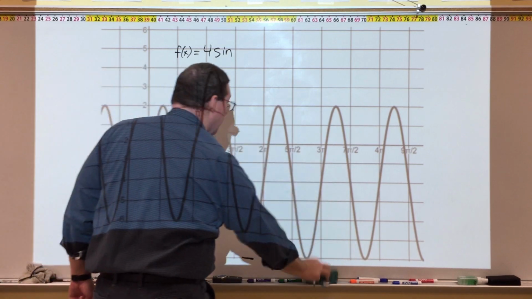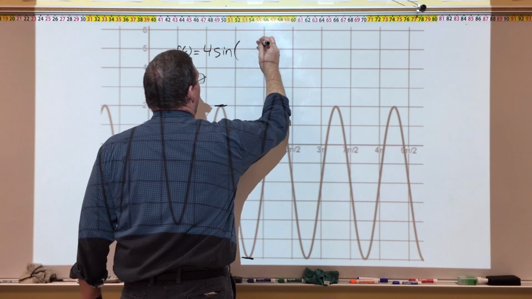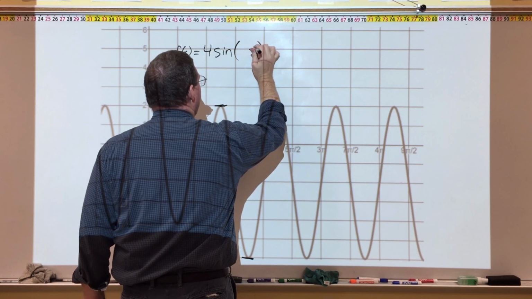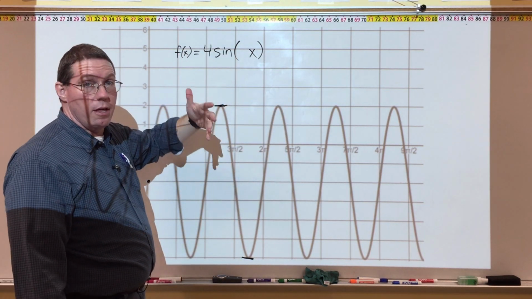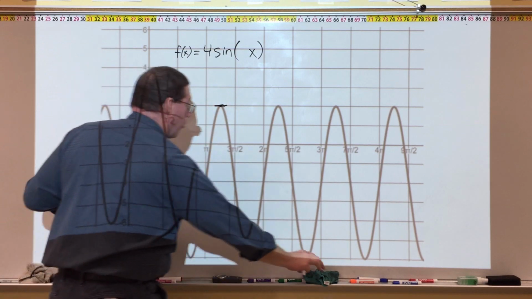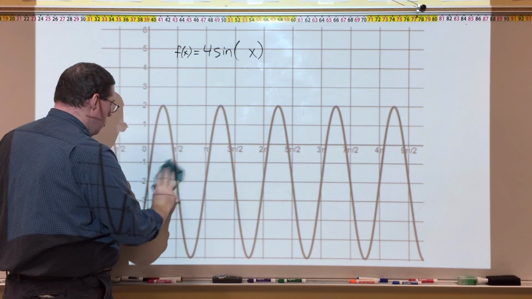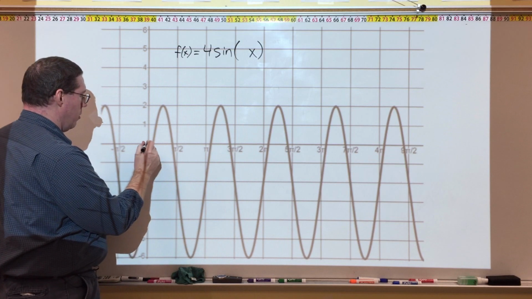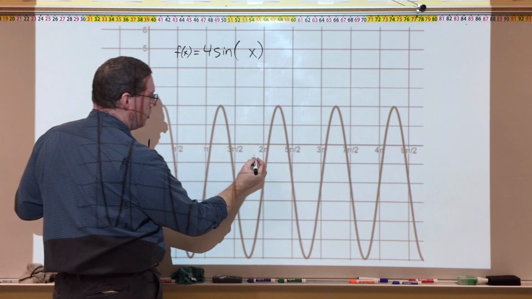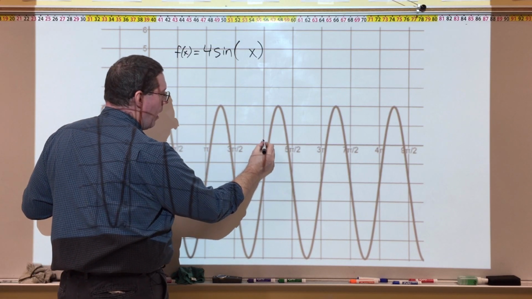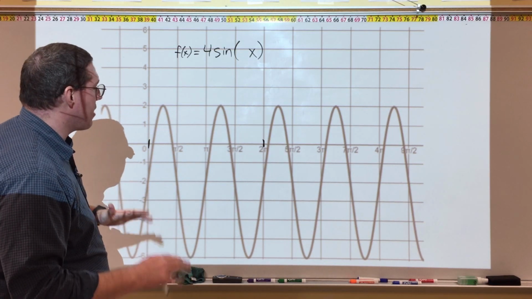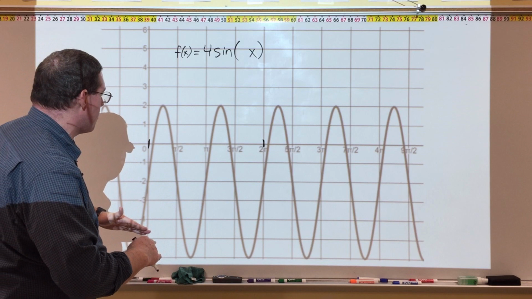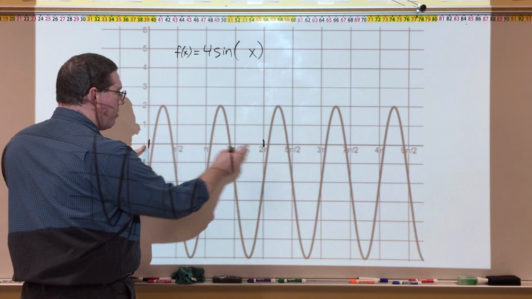Now we need to figure out what's going to go on the inside. We know that there's going to be an x in there, and now we need to determine the frequency. To determine the frequency, you start at 0 and go all the way up to 2 pi, which is right here, and you count how many complete waves exist between 0 and 2 pi.